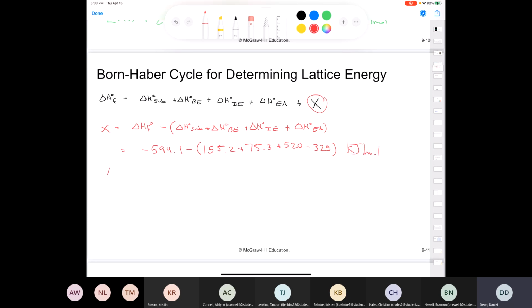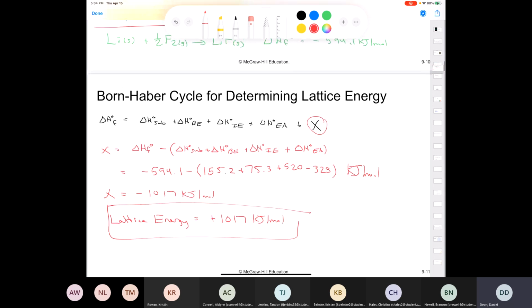And when we do that, we get that our X is equal to negative 1,017 kilojoules per mole. This means that our lattice energy is going to be the opposite sign, right? It's going to be equal to positive 1,017 kilojoules per mole. So this is the Born-Haber cycle, and this is how we measure the lattice energy of an ionic compound.